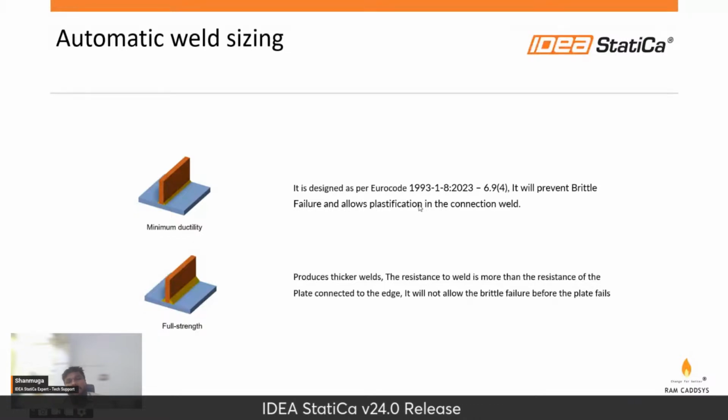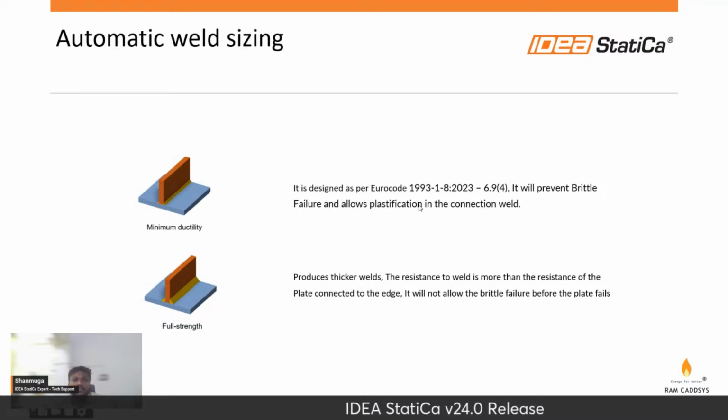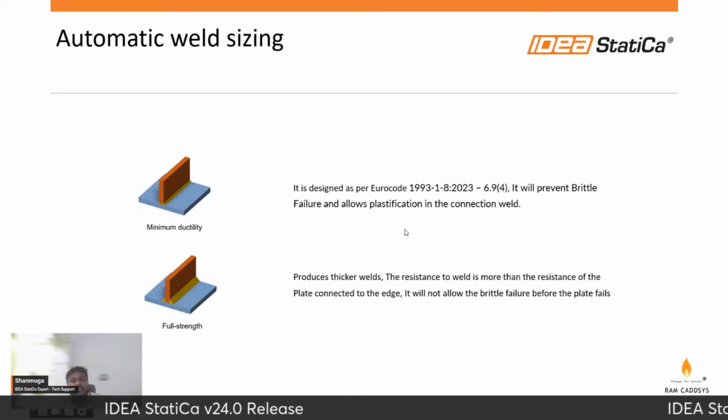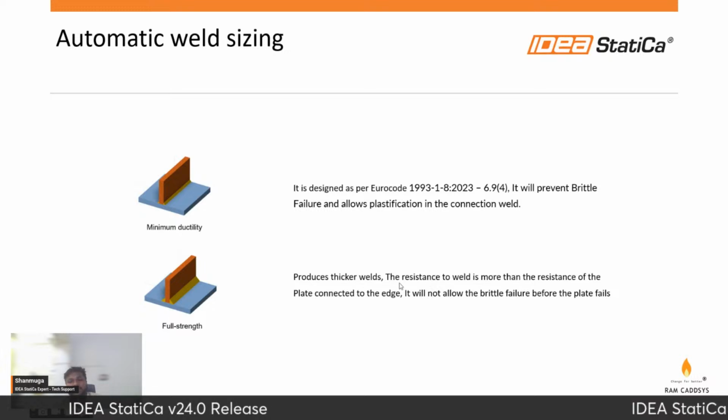And we have the automatic weld sizing according to the full strength. That is another option we have been updated in the software. It will produce thicker welds than the weld sizing due to the minimum ductility. The resistance of the weld is more than the resistance of the plate that is connected to the edge.